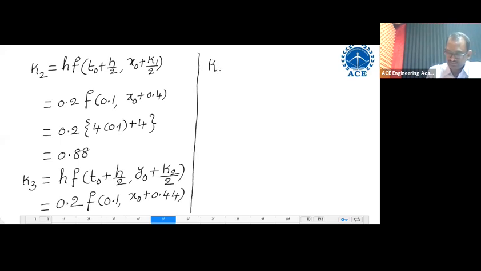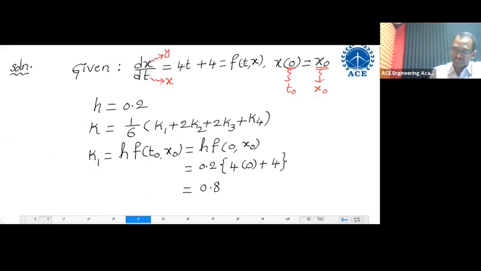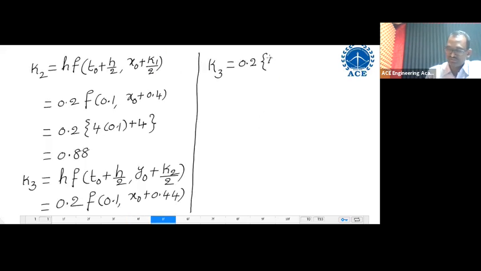So k3 is equal to 0.2 into f of 0.1 comma x naught plus 0.44, where t value is 0.1, so 4 into 0.1 plus 4. We don't have an x value to be substituted.